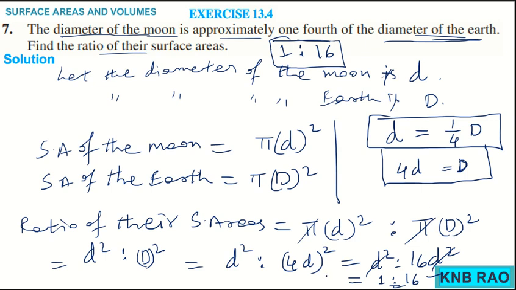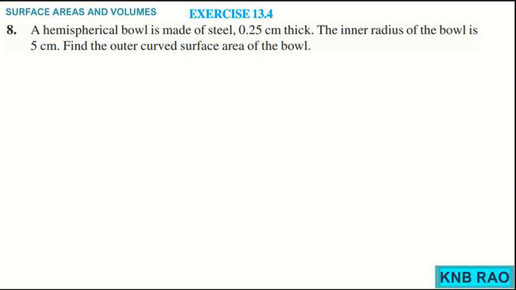Okay, now moving on to question number 8. Here in question number 8, a hemispherical bowl is made up of steel with 0.25 centimeter thickness. So, you know the thickness is 0.25 centimeter, and the inner radius they give, let us say small r, is 5 centimeter.